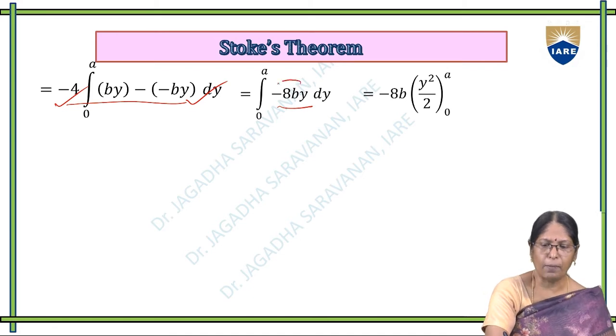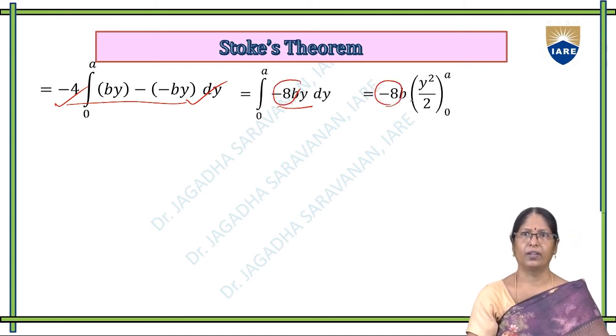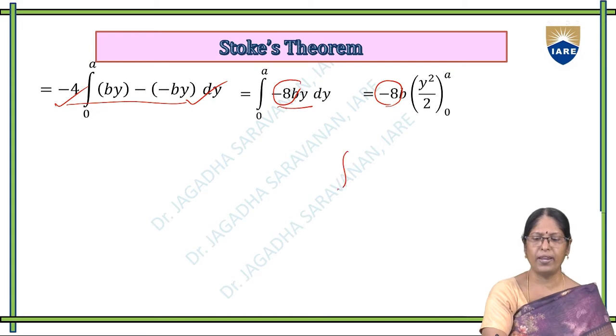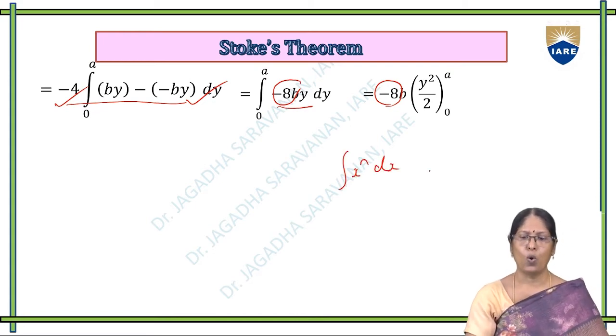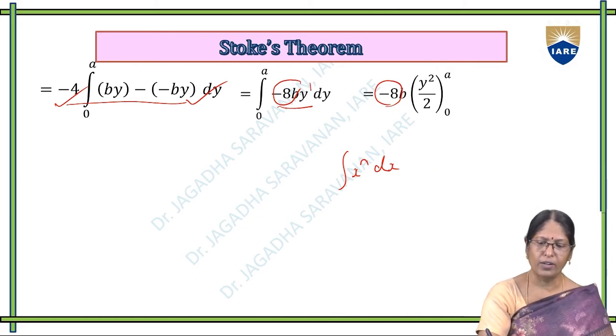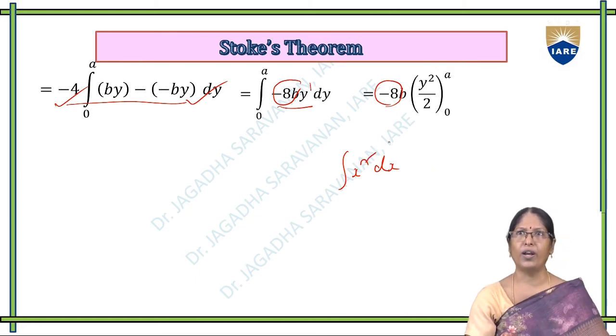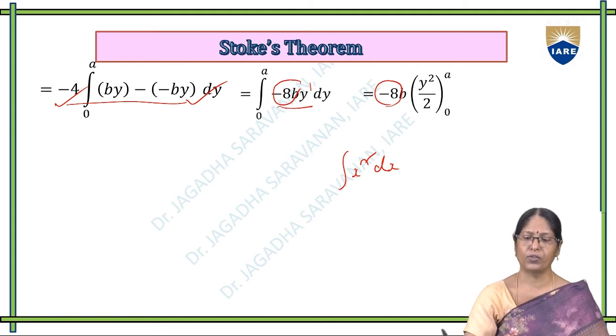Now this minus 8b we wrote as it is. Y dy, this is the integration we have to do. Very simple integral formula, x power n dx. Y, the power is 1, so n is taking the value 1. So y power 1 plus 1 divided by 1 plus 1, so y square by 2 from 0 to a.